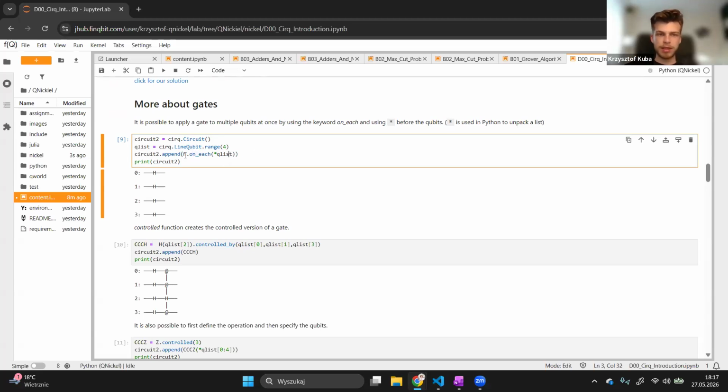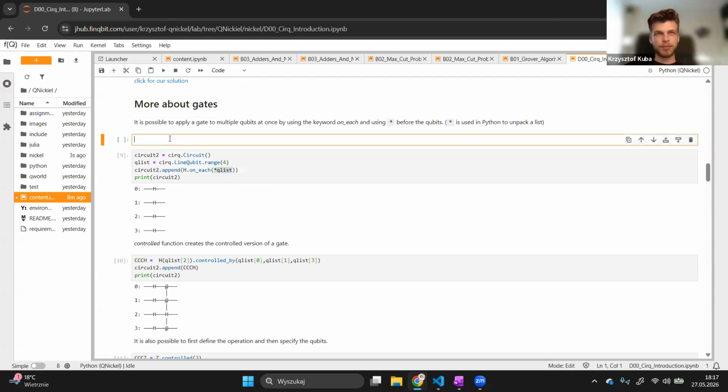So this will apply the Hadamard gate to every qubit in a list. And this magic star is just doing something magical, which is taking the list and returning every value of that list.